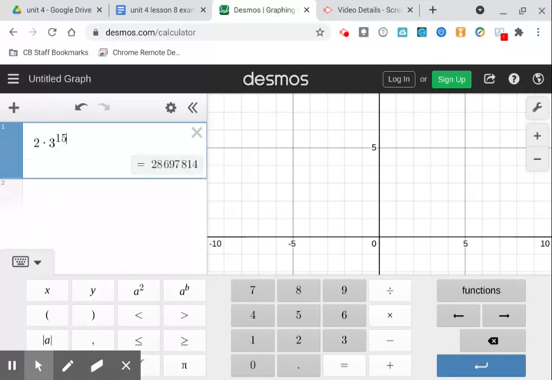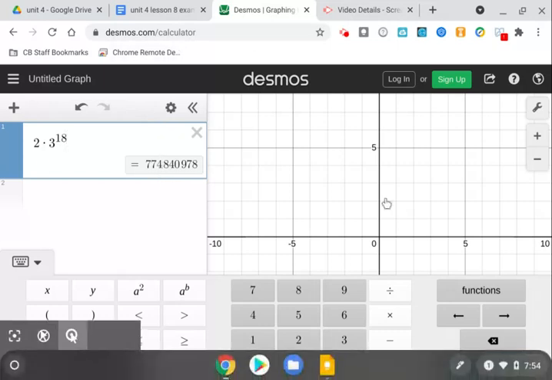We're up to 15. So we're up to 28 million. 16, 86 million. 17, 258 million. So now we're getting closer. And there we go. So after day 18, we're over 700 million.